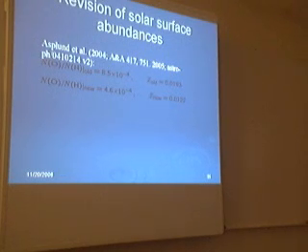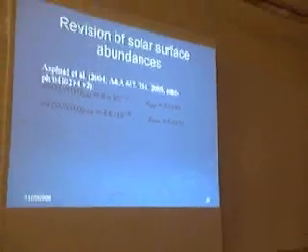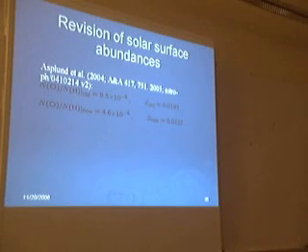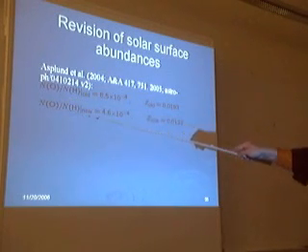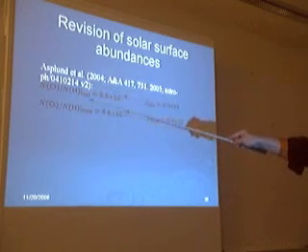Then suddenly two years ago Asplund published papers where he tried to estimate the abundances of the Sun using numerical simulations of the solar atmospheric structure, and then tried to match the spectra from this model to solar spectra. What he found was that we need to substantially decrease the abundance of oxygen to match this numerical simulation.